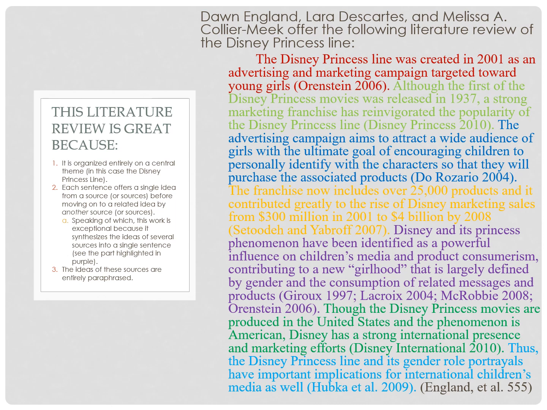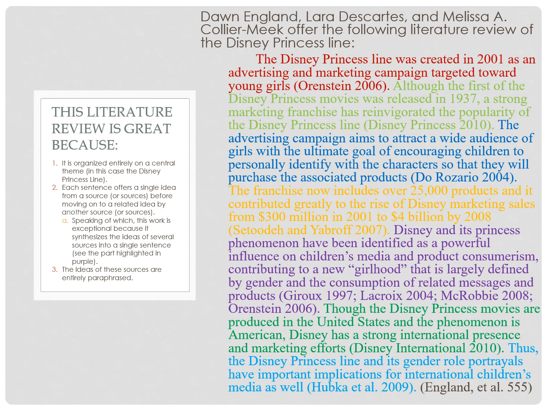And last but not least, did you notice how elegantly each of these sentences flowed together? The Princess line was created in 2001 as an advertising campaign. Although the first Disney Princess movie was released in 1937, the advertising campaign aims to attract an audience of girls. The franchise now includes over this. Disney and its Princess phenomenon is identified as a powerful influence. Though the Disney Princess movies are produced in the United States.